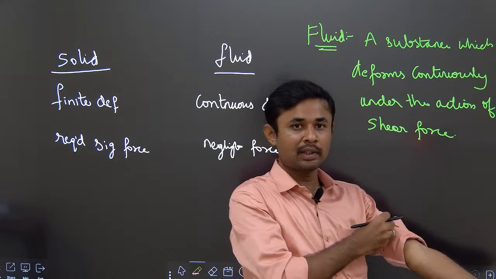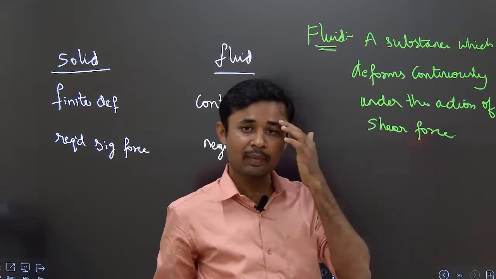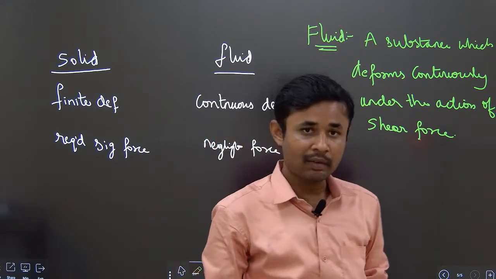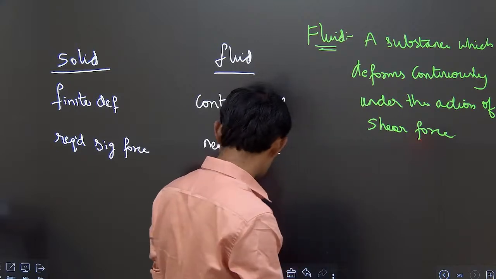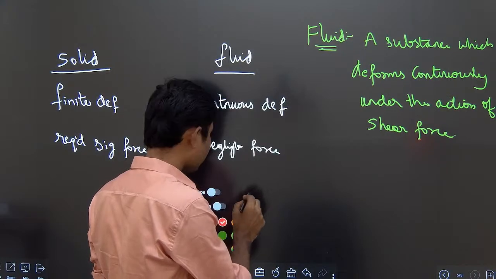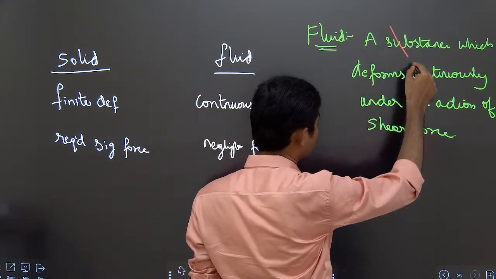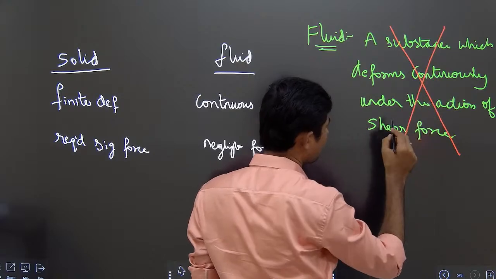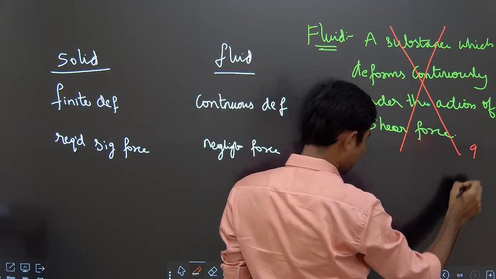Now, you may think this is the correct definition, but if you ask me, then I will say this is also not an exact definition of the fluid. We can say it is also wrong. That is 99%, it is partially correct.